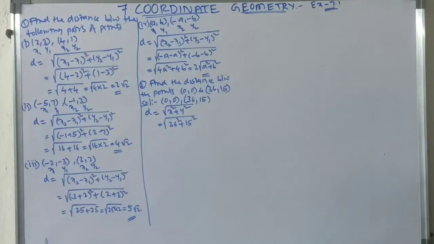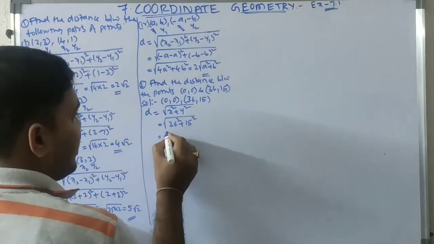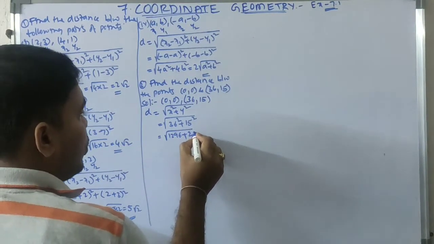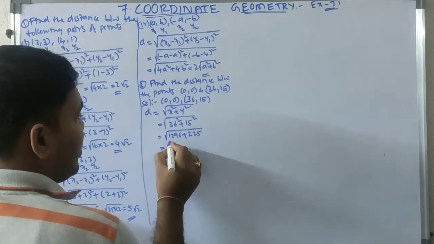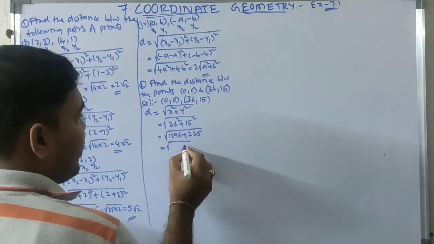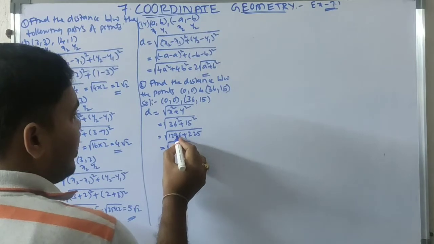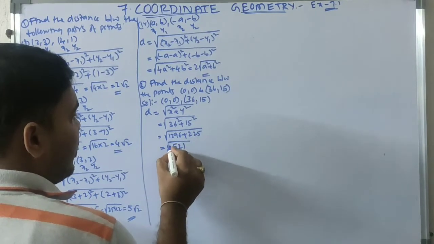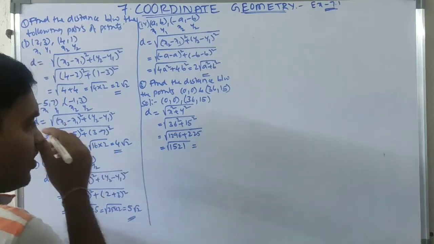36 square equals 36 into 36, which is 1296. 15 into 15 is 225. If we add, we will get 1521.